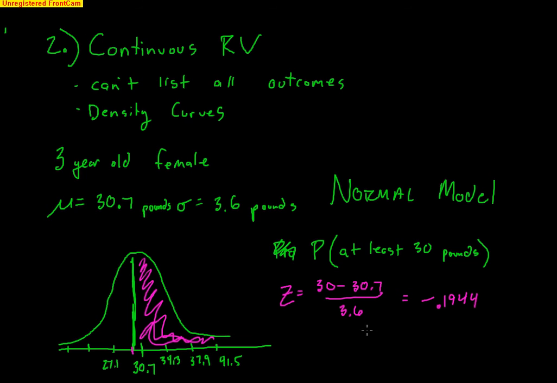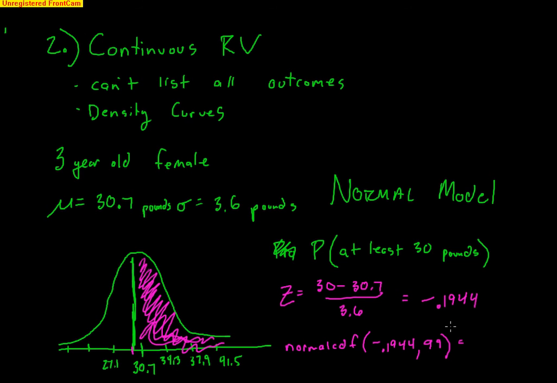And then how do I find the area of this shade up here? Well, I'm going to have to use my calculator. Remember, normal CDF on our calculator. I'm going to tell it to start at negative 0.1944, and I'm going to ask it to find the area, or the probability in our case, to 99.